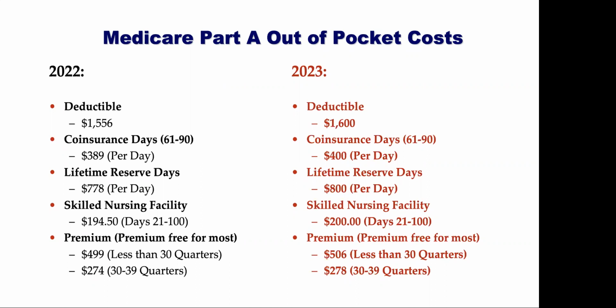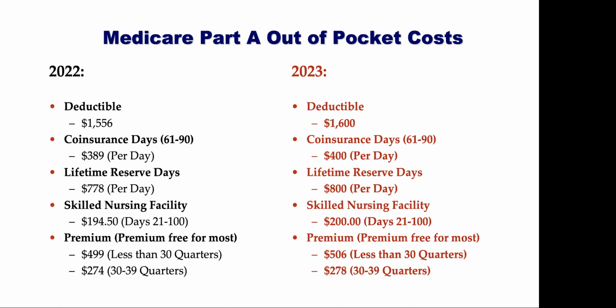Part A is premium free for about 99% of the population, because either you or your spouse has paid into the Social Security system for 10 years or 40 quarters, so you get Part A premium free. If you didn't work for 10 years, or your spouse didn't work for 10 years, and you're not entitled to premium free Part A, it's about 1% of the population. There are various numbers based upon how much you did pay in that represent what you would pay for your monthly premium.